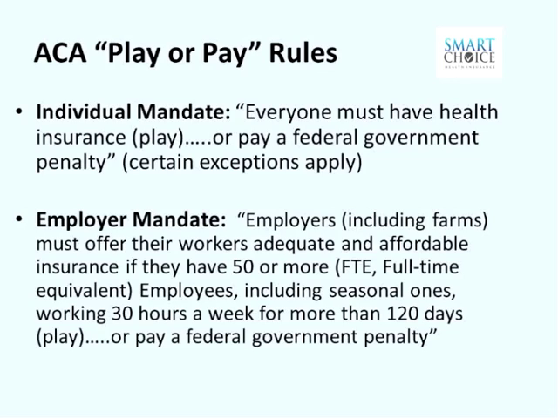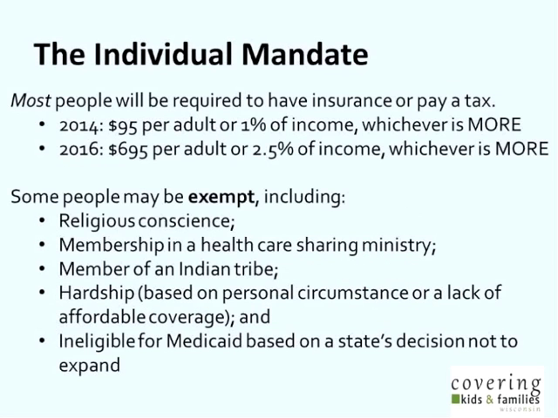We're going to talk a little bit more about what those penalties will be. For employers, if they have more than 50 full-time equivalent employees, they either play by providing insurance for those employees, or they will pay a government penalty. I'm going to go through what the individual mandate and the employer mandate are as we go along. We'll first talk about the paying part, and then I'll talk about the playing part.